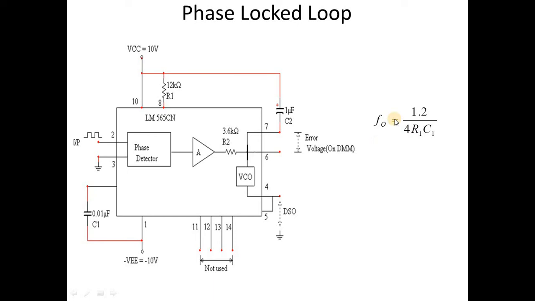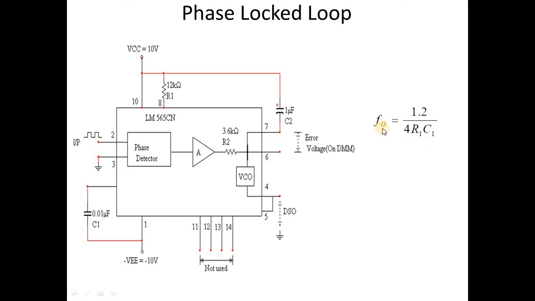Now F0, we have formulation F0 equal to 1.2 divided by 4 R1 C1. You will be provided with F0 frequency, which is free running frequency, and either R1 or C1.